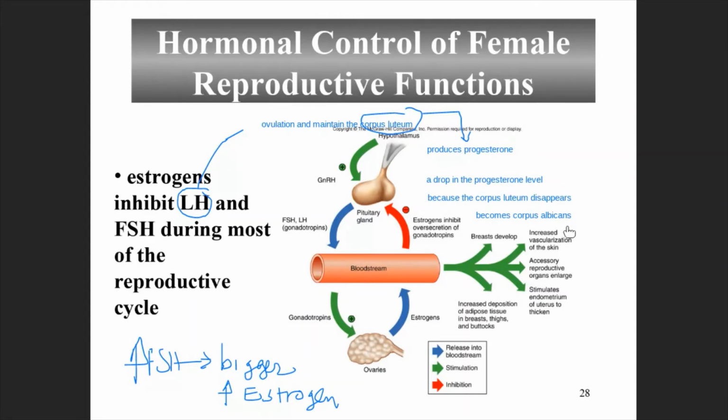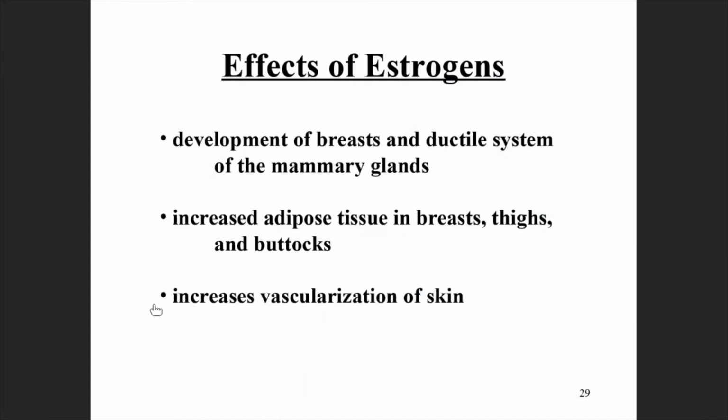Okay, so one more time. Under FSH influence, follicle stimulating hormone, the follicle is going to develop, and it's the follicle that produces estrogen. And under estrogen is where the female shows secondary sex characteristics.